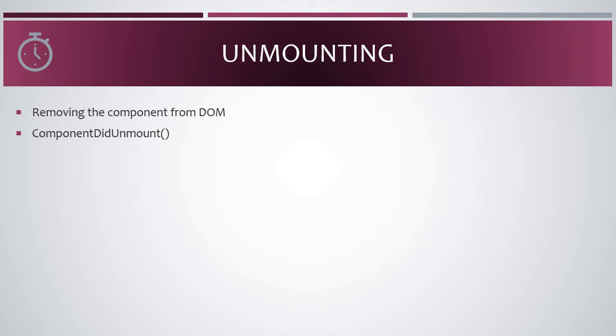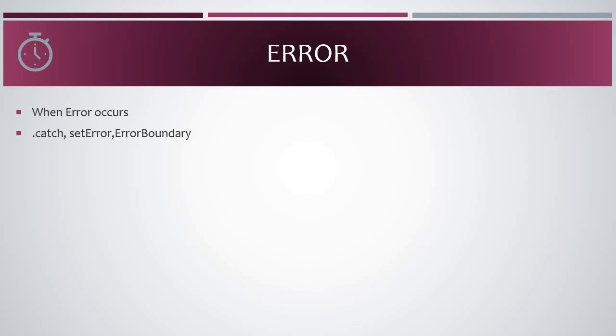And there comes the last stage, which is nothing but the error stage. Anything that happens abruptly in your web page when rendering the React component. For example, you are hitting a web service and it is throwing some exception, like the web service is not available.